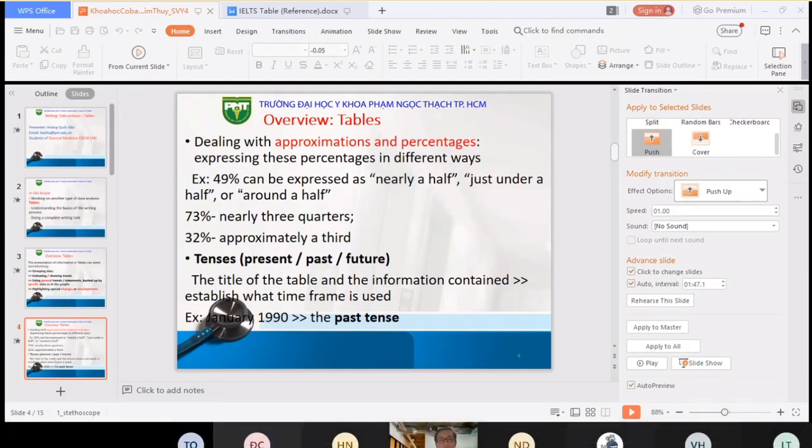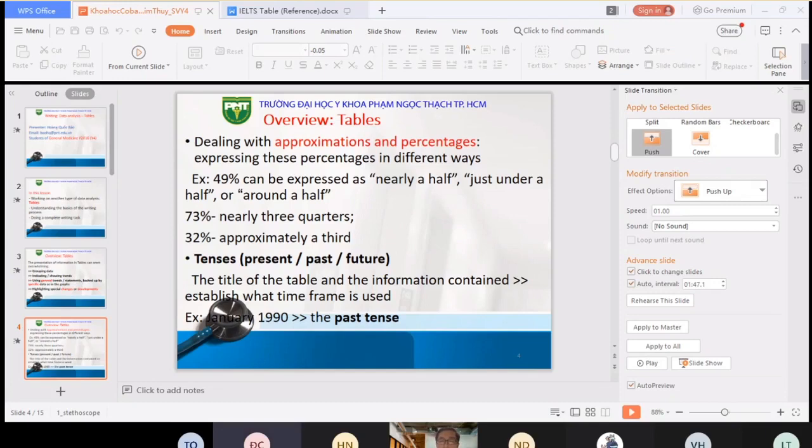For example, 49% can be expressed as nearly a half, just under a half, or around a half. Last week we discussed fractions. Still remember? Sometimes you don't use percentages, but you change percentages into fractions, like nearly a half, about 50%, just under a half or around a half.